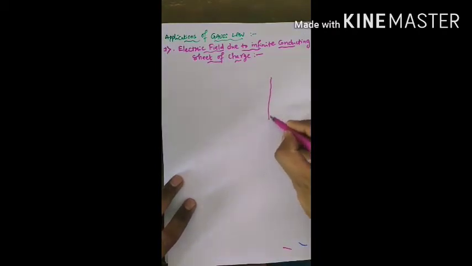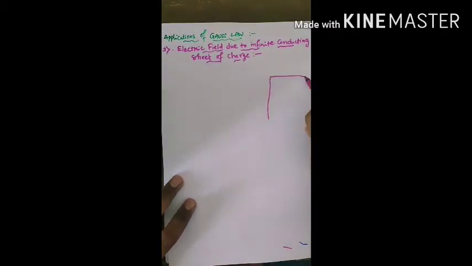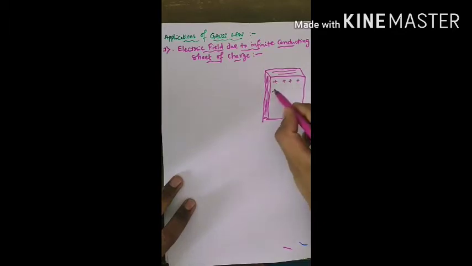See that. See carefully. So this is a sheet of charge which is uniformly distributed on the surface of the sheet.